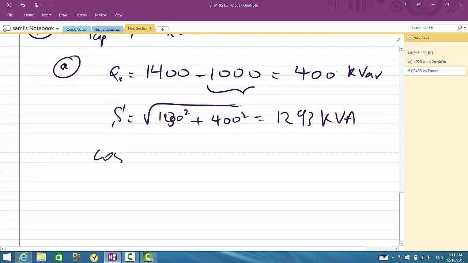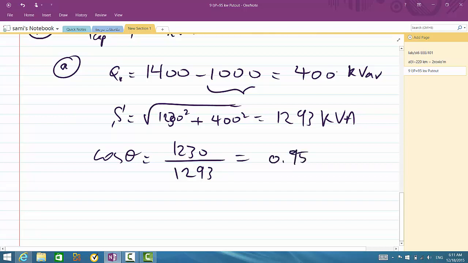So the new power factor will equal 1230 divided by 1293, which is 0.95. So the power factor increased from 0.66 to 0.95 by adding a capacitor bank of 1000 kilovar.